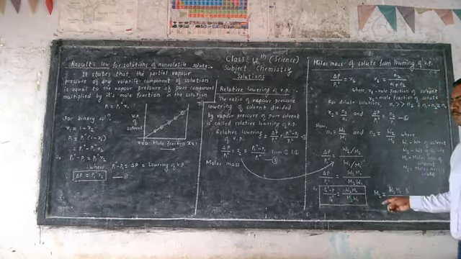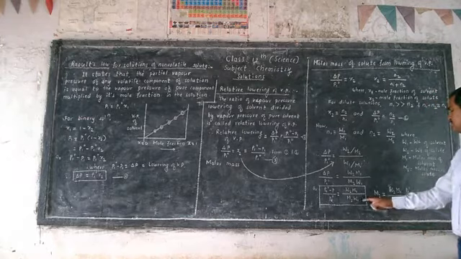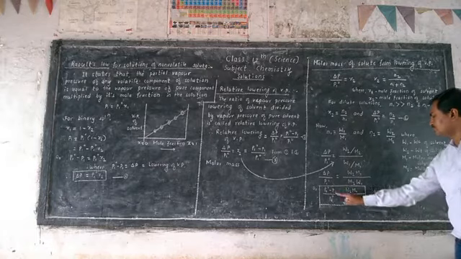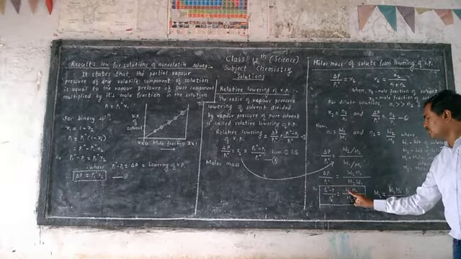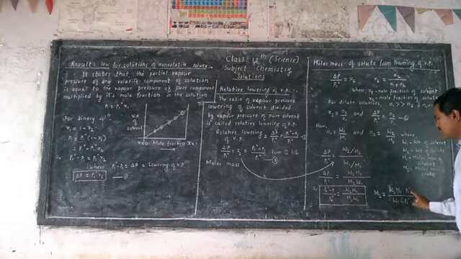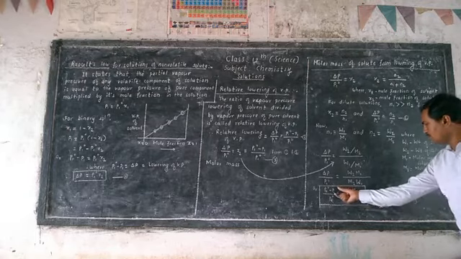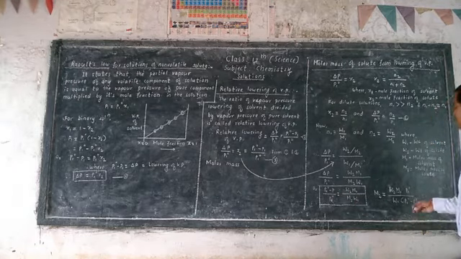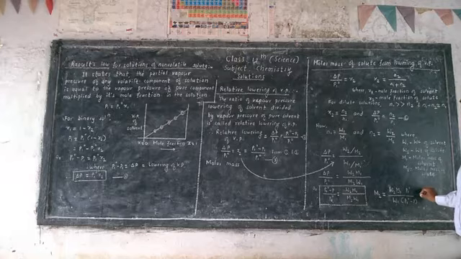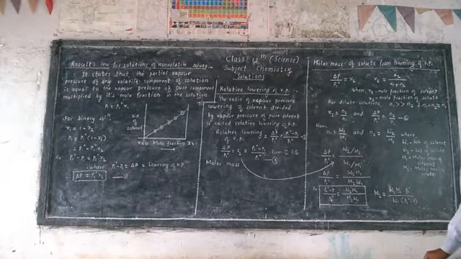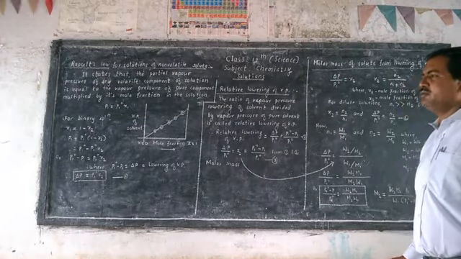Now, to find the molar mass of solute, rearranging this formula, M2 equals W2 into M1 into P1° upon W1 into (P1° minus P). In this way we can find the molar mass of a non-volatile solute in a solvent.